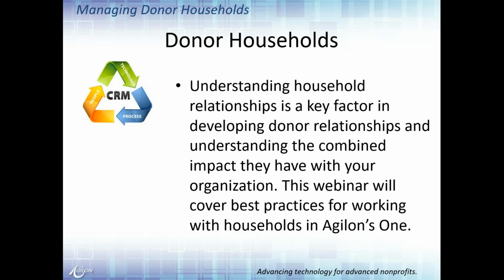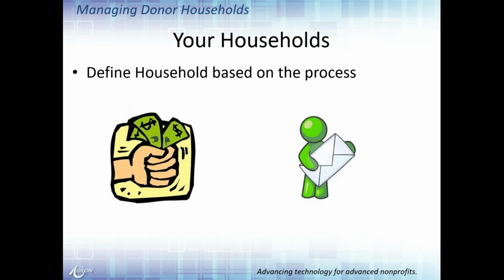So we'll be looking at some of those best practices and looking at two different definitions for householding, at least this is how I've broken it down. For example, when I'm sending out correspondence, I may want to reduce the quantity of mail pieces being sent out by only sending one letter per household.